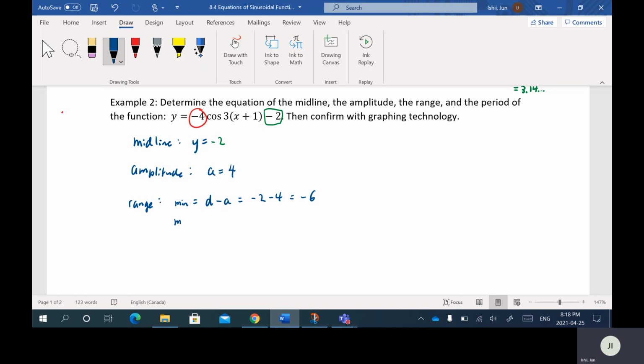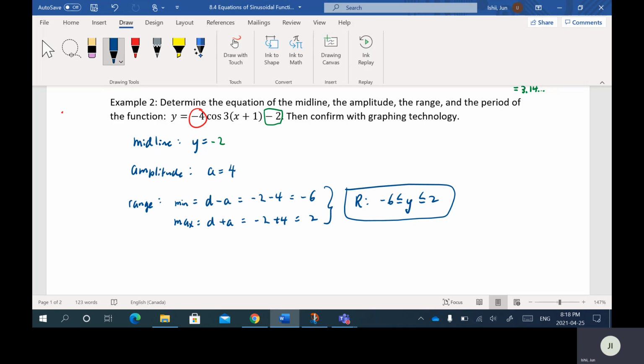Likewise, for my maximum, I take the midline and this time add the amplitude. I take -2 and add 4, and we get +2. So our range, therefore, is -6 less than or equal to y, less than or equal to +2. Okay, so this would be our range.